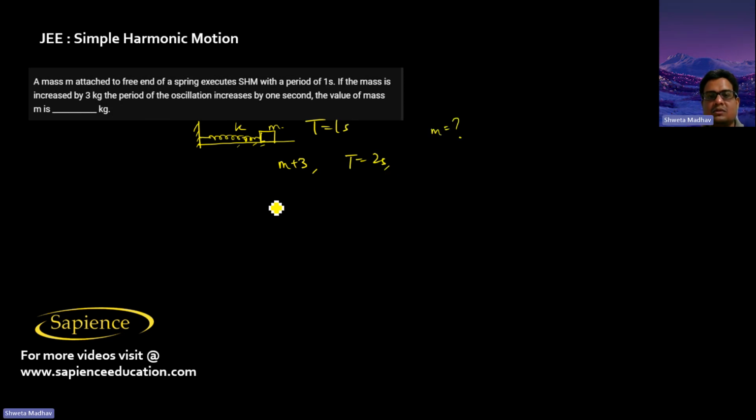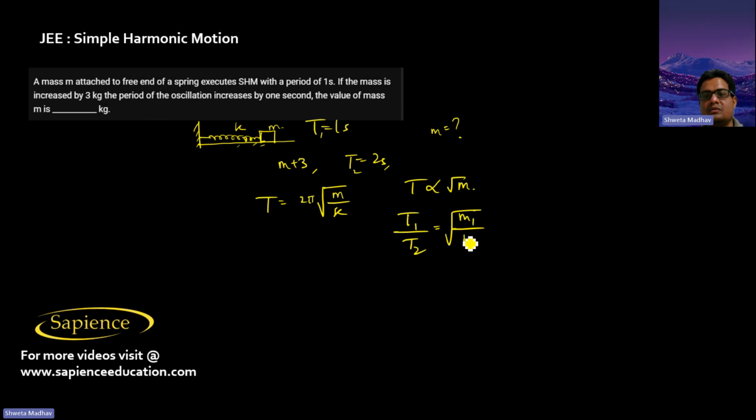That is asked. Now T we know is equal to 2 pi root over M by K. The spring constant is the same, so I can say T is proportional to root M. So T1 by T2 is equal to root M1 by M2.